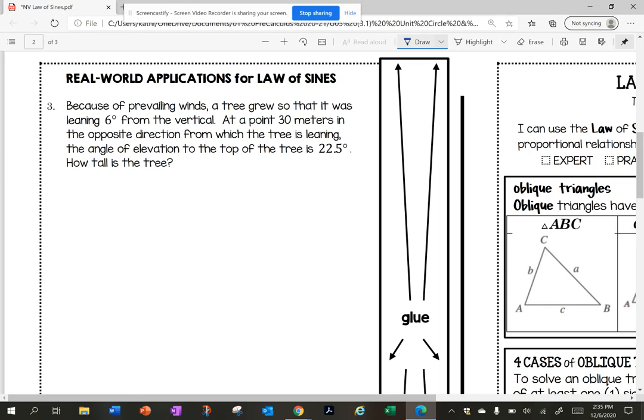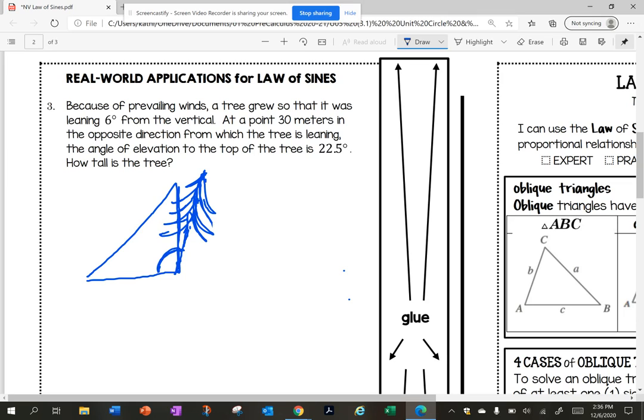Okay, so I'm going to draw a triangle first. So this would be if my tree was standing up straight. But my tree is not standing up straight. It says it is at an angle. So I'm going to draw my tree at an angle. And it says it's at a 6-degree angle.